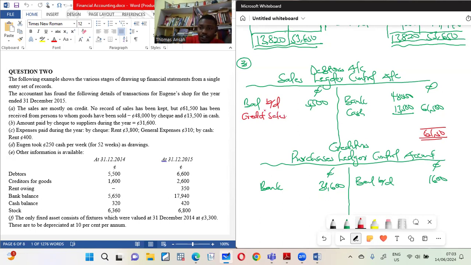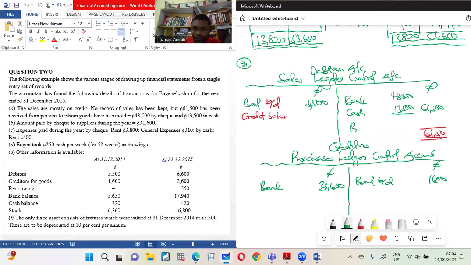So that is how you find credit sales. So 61,500 minus 55. Okay, so what I have here is giving me like 56,000. That's what I have. But there is also a balance carried down here. So that is that. So let's put our balance carried down.